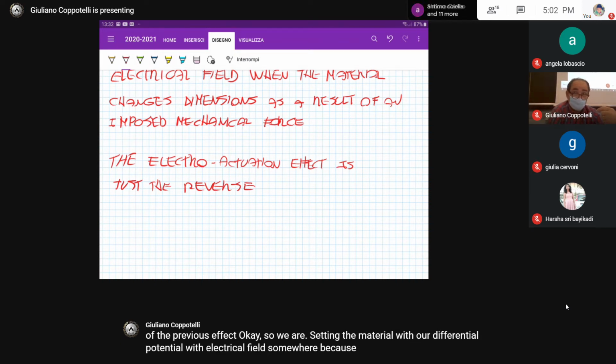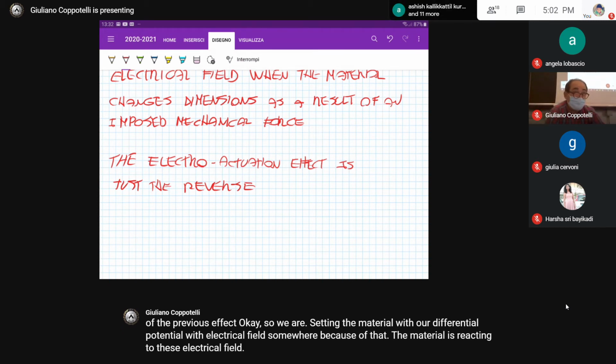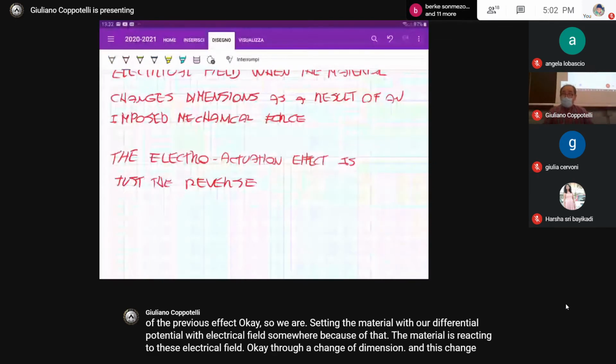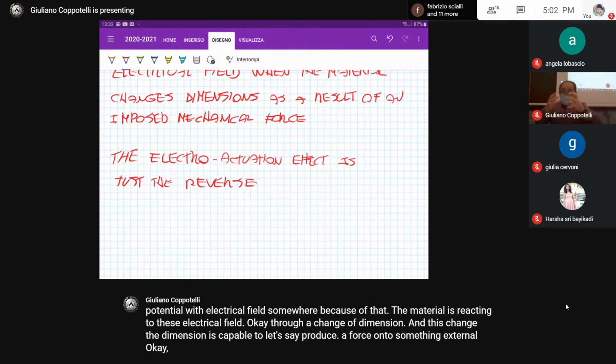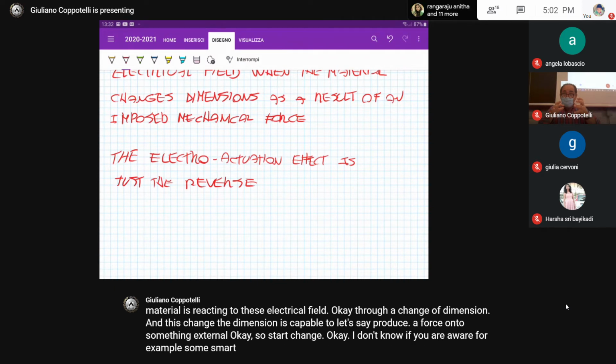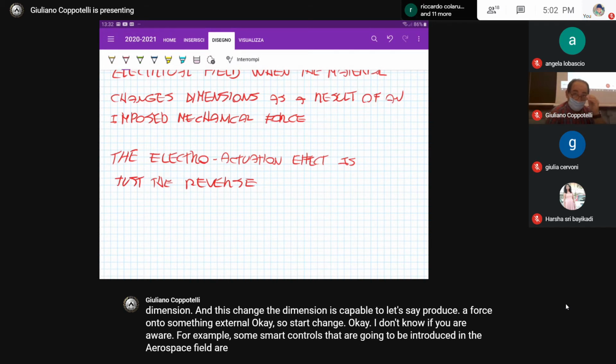Because of that, the material is reacting to this electrical field through a change of dimension. And this change of dimension is capable of producing a force onto something external. I don't know if you are aware, for example, some smart controls that are going to be introduced in the aerospace field are based on this electroactuation effect, but also the reverse, that is the PZT effect.